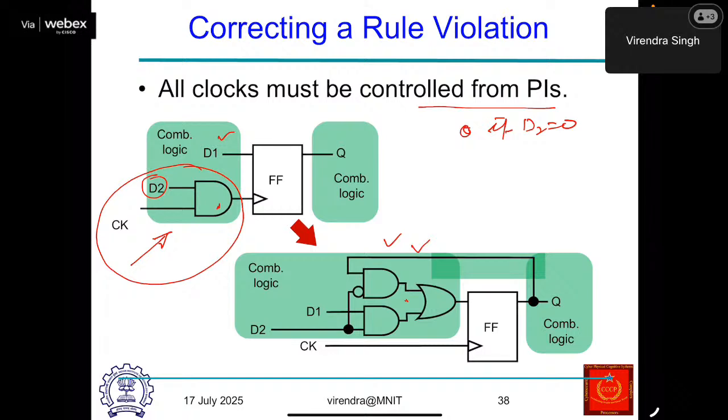As a fallout effect, if I assign D2 equal to 0, it will suppress the clock, and the output, I am expecting that the output of that particular fault effect would be loaded into this flip flop, but then that won't be loaded into this flip flop, and I may falsely consider that my circuit is good even if my circuit is bad, and therefore this is not allowed.